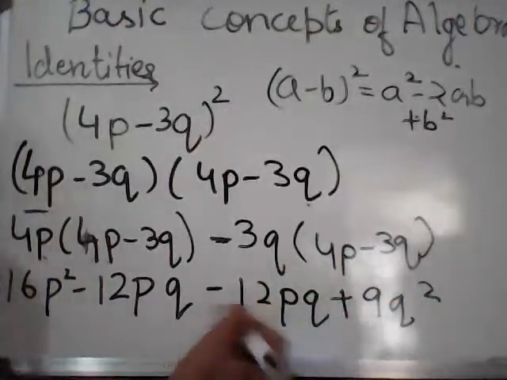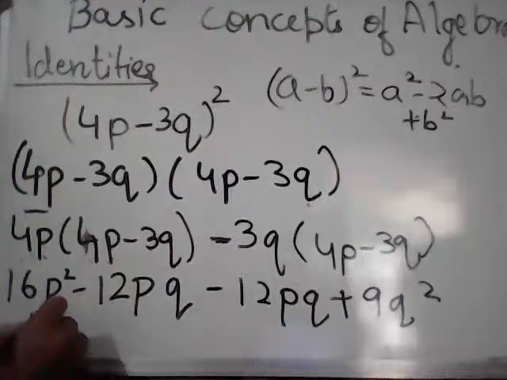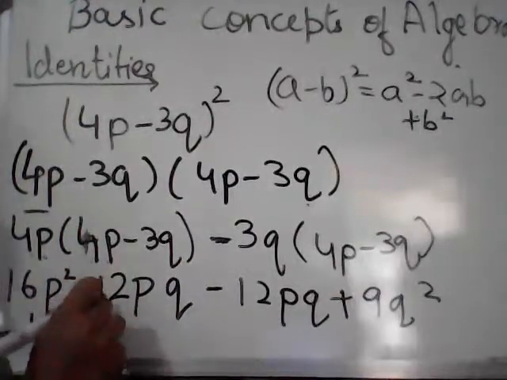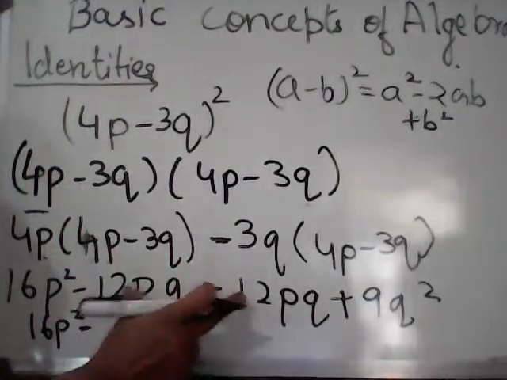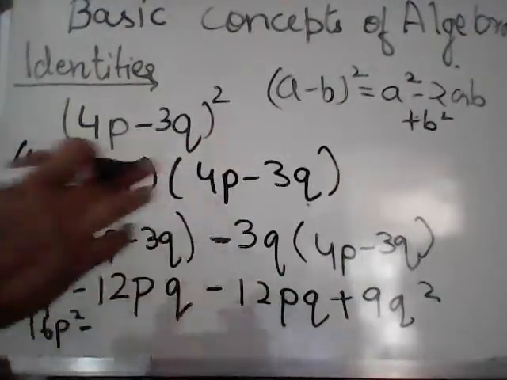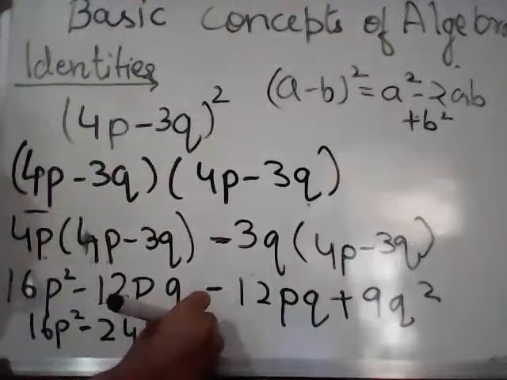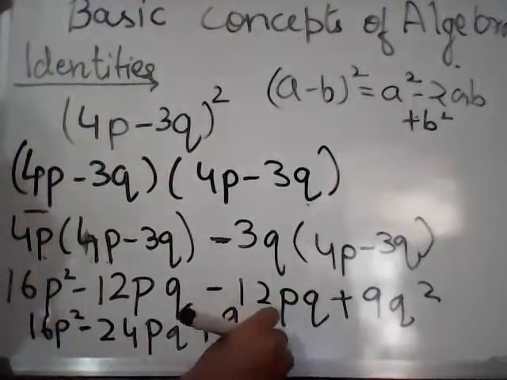Right? Now solving for like terms: 16p square, minus 12pq, minus 12pq. We will add coefficients and put the variable part as it is. That is minus 24pq plus 9q square.